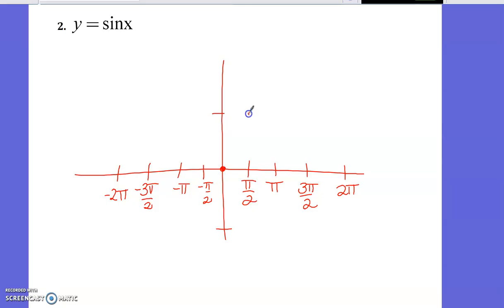As we graph to the right, we're going to go up, and then back to the middle, back to the bottom, and then back to the middle. And that pattern will continue. Just looking at that, there's one period of the graph. I'm going to go the other direction, so I'm in the middle. But the point prior was at the top, so it's like top, middle, bottom, middle, top, middle.